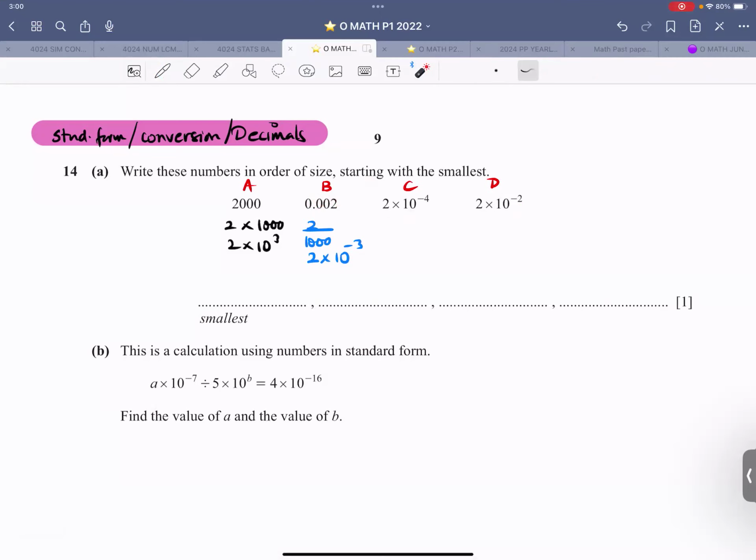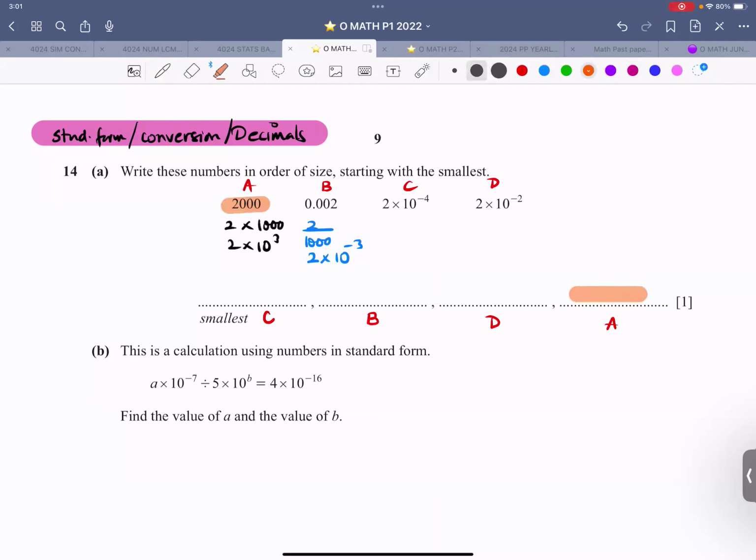Starting with the smallest. Which is the smallest in terms of the alphabets? Is it A, B, C, or D? So the smallest is C. Then the next one is B. Okay. So 10 to the power minus 4, 10 to the power minus 3, 10 to the power minus 2, which is D. And the biggest one is A. Now write the original numbers. What are the original numbers? That's 2000. So A goes over here.